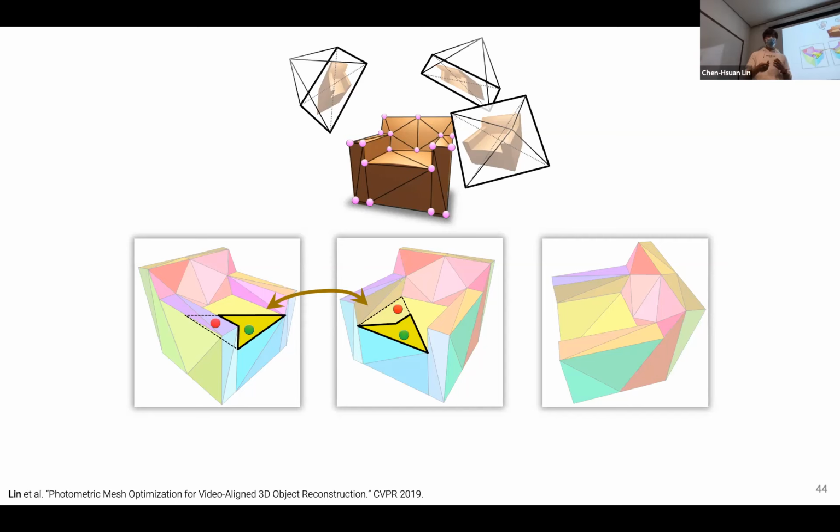We can take care of this inconsistency using the mesh rasterization operation, and we only consider the photometric loss when the rasterization falls on consistent triangles, like the yellow one here. This is how we implicitly handle self-occlusion: we only consider correspondences that lie in the same triangle.